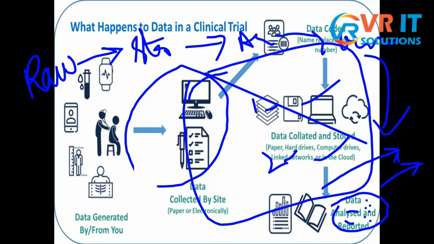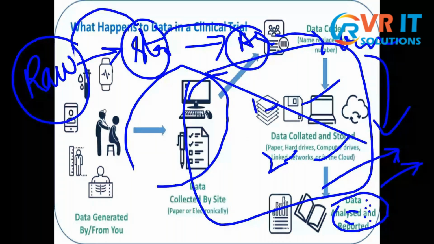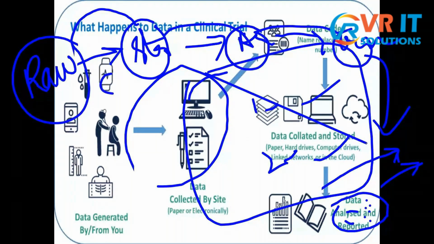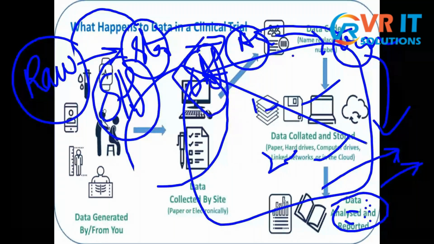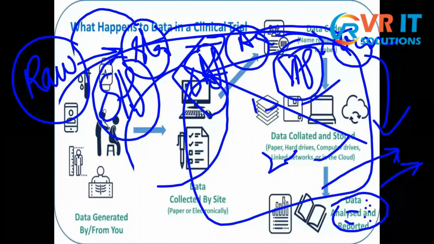To convert the raw data into standard data, standard data into analysis data, and from there to reports, in every place SAS will be used. So this SAS software will be used to transform this data. That is the reason we have to learn SAS. There are other tools also, but the market leader in clinical trials is SAS.